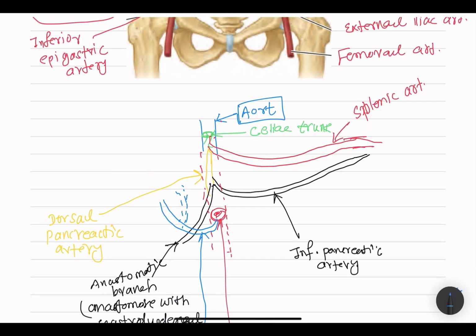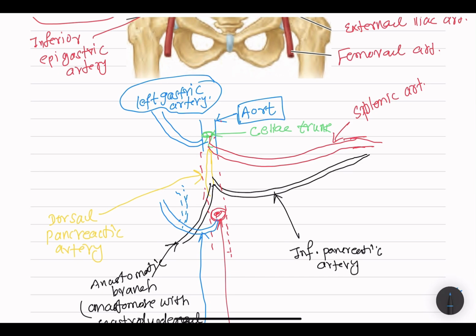Now from this celiac trunk, there is also the left gastric artery originating. I will discuss this another time when I discuss the GI tract, duodenum, intestine, large intestine. Then I will discuss this artery.